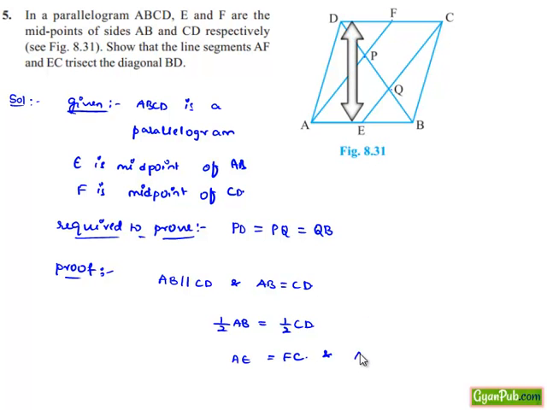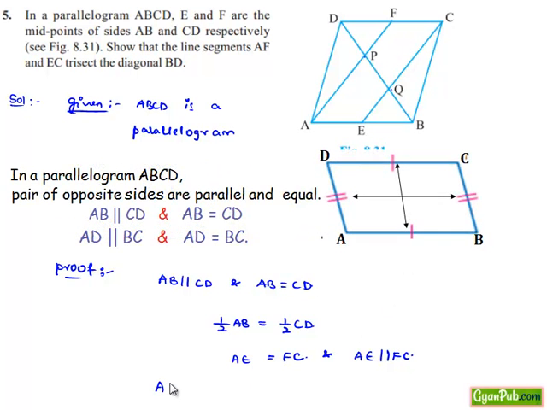So here we can say AE is also parallel to FC. Now if we consider the quadrilateral AEFC, in this one pair of opposite sides are parallel and equal. So we can say AEFC is a parallelogram.